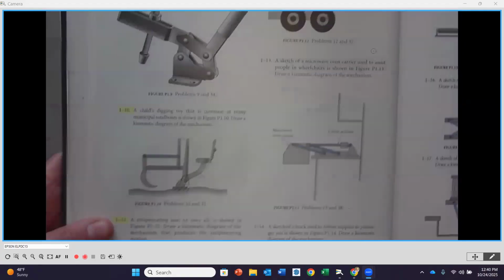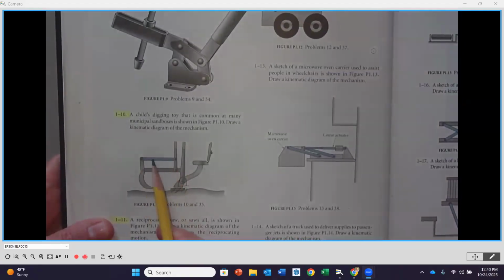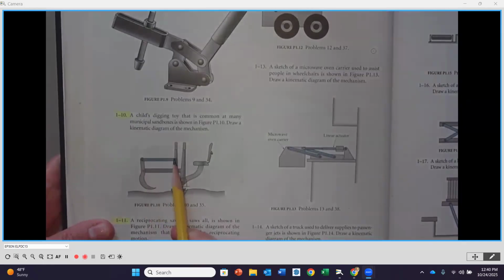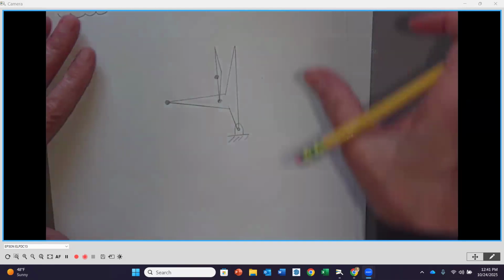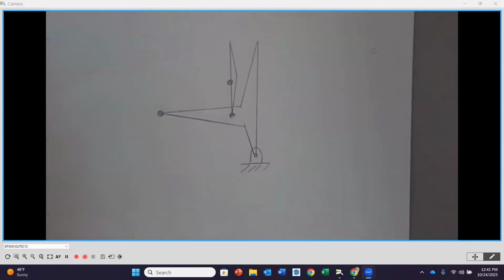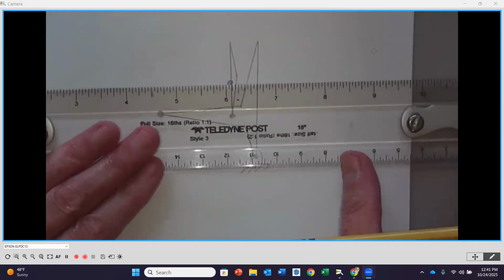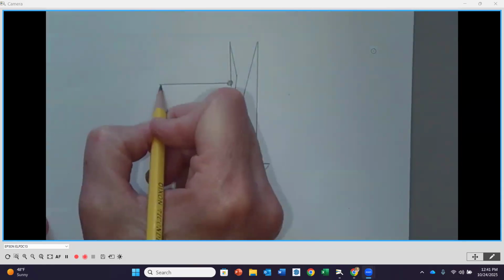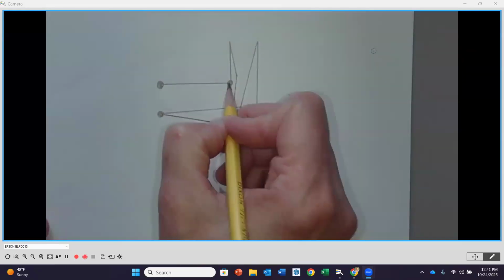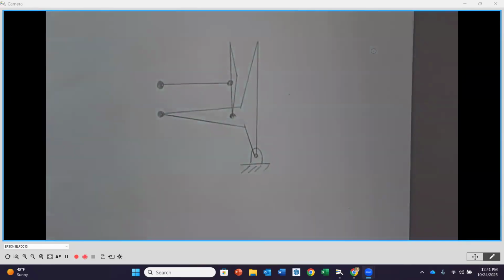Then as we look here, there's another piece that is just a horizontal pin connection, and then we're going to have our shovel or our scooper, if you would. So our next one here is just going to be a horizontal line. This one can just be a horizontal line because its pin connections are on the endpoints of each one.